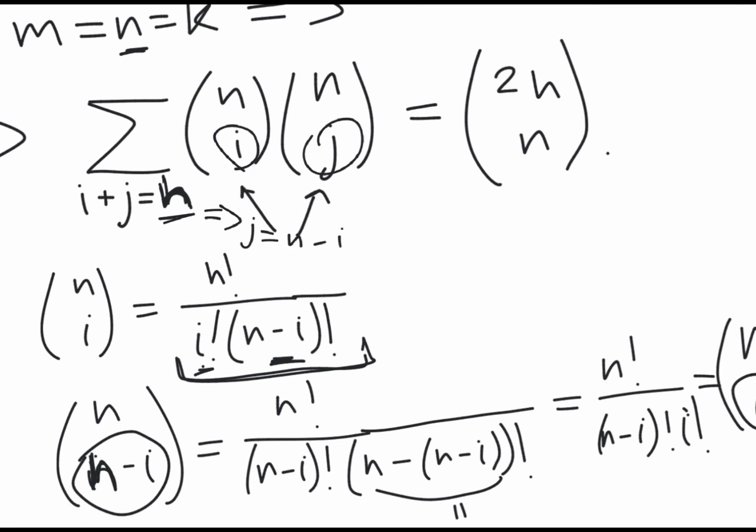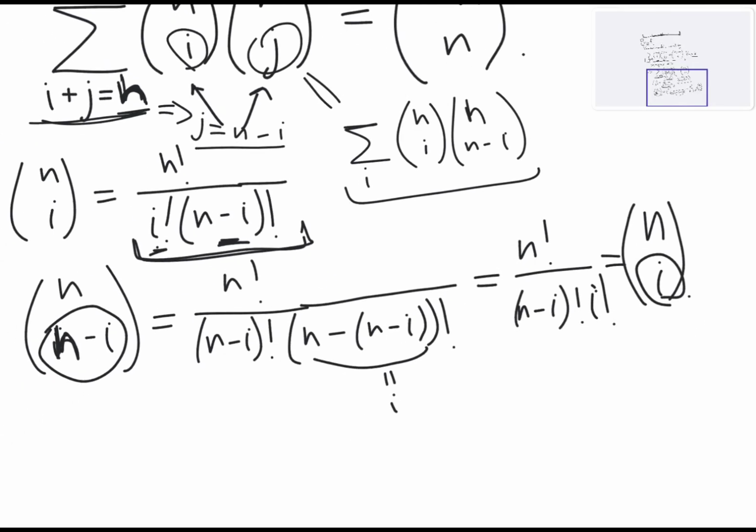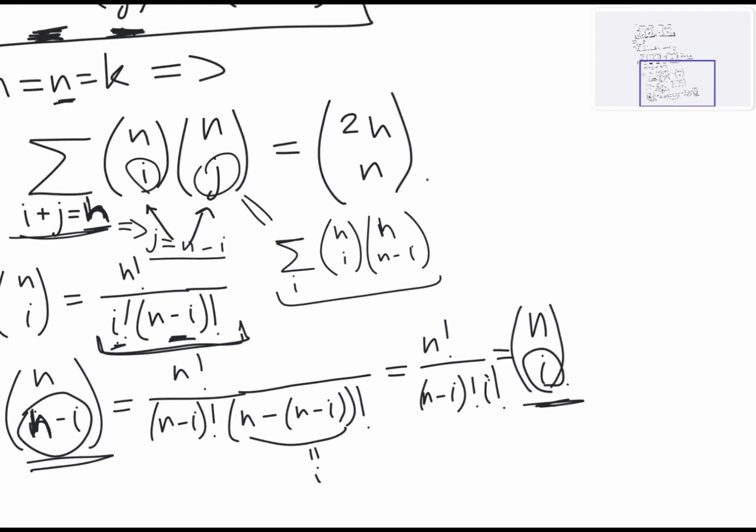So this sum can be rewritten as the sum by i of n choose i and n choose n minus i, because j is equal to n minus i. This condition we can simply rewrite with one index in the sum. Because this binomial coefficient is equal to this one, these two are just equal to each other. So this is equal to the sum by i of n choose i squared, and that's what we have.